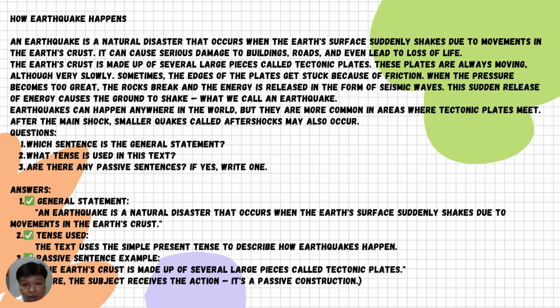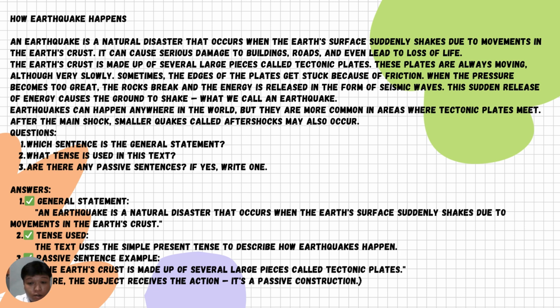If yes, write one. The answer for the third question is: the Earth crust is made up of several large pieces called tectonic plates. So that is the answer for all of the questions.